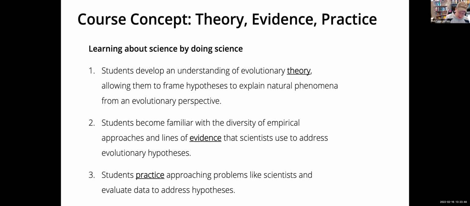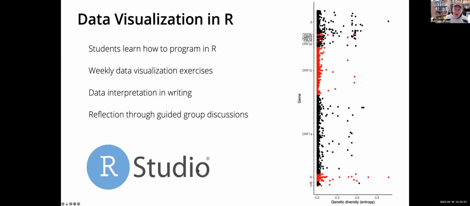And because evolutionary biology does not often lend itself to clear lab exercises where you can run a little experiment, the approach I have taken is that I teach students how to program in R. R is a statistical computing language. It's really good for data analysis and data visualization.